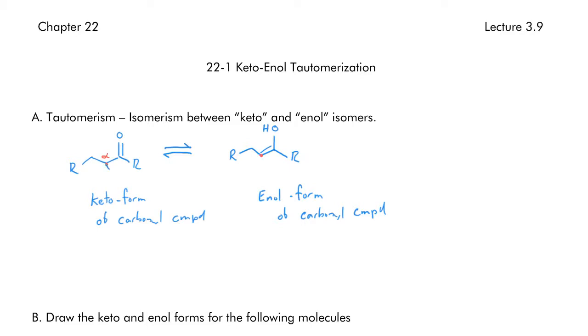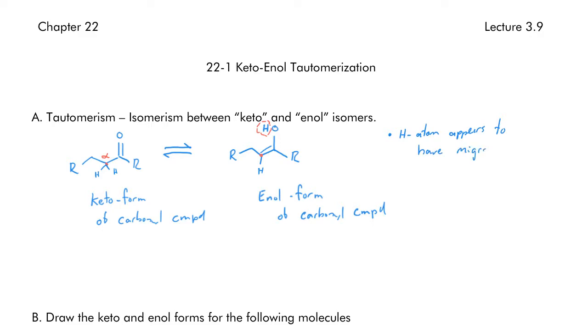We actually have at that alpha carbon an sp2, so there's a C double bond to another carbon there, and that makes it an enol. So that's called the enol form. And it's really that process of that alpha hydrogen either being at the OH or being at the carbon that we call the tautomerization.